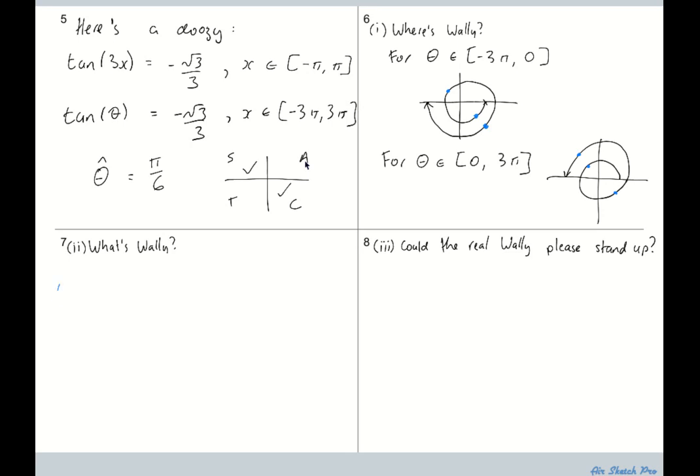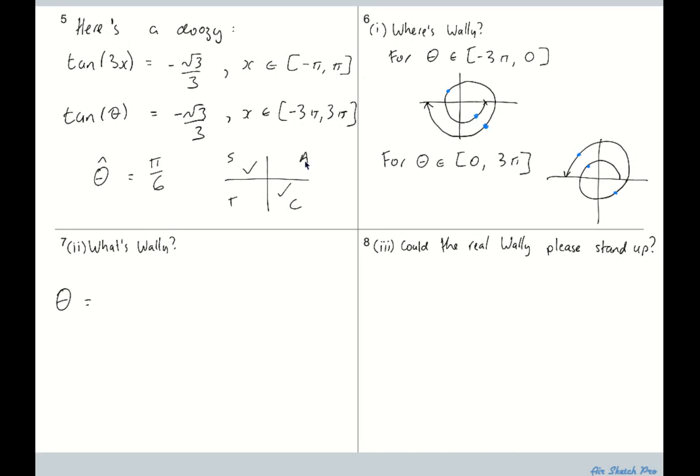So I'm looking for values of theta. I'll just go to the black pen. I'm looking for values for theta, and I'm going to do it in order. Now, in order would be from negative 3 pi all the way up to 3 pi, right? So I have to look at the most negative value first and work my way up.